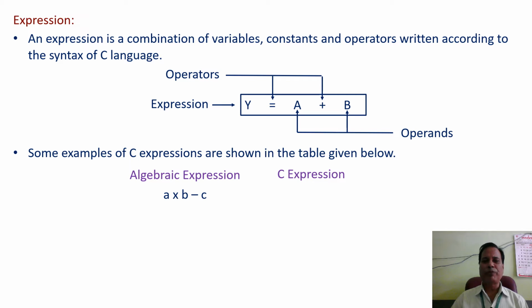For example, A into B minus C is an algebraic expression. When we write this algebraic expression as a C expression, some modification is to be made. In place of the cross symbol, we use the asterisk. So A asterisk B minus C.